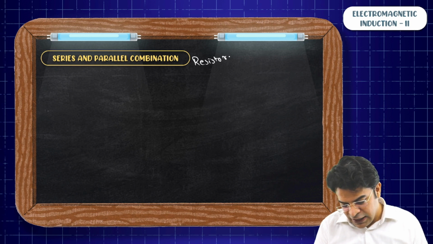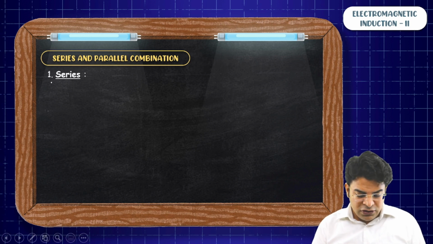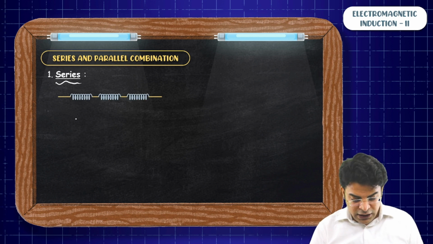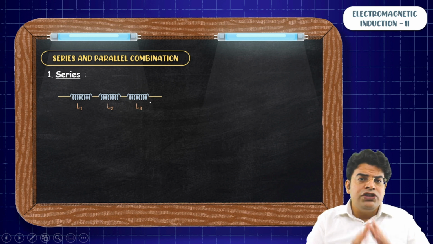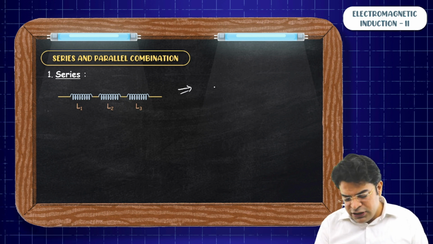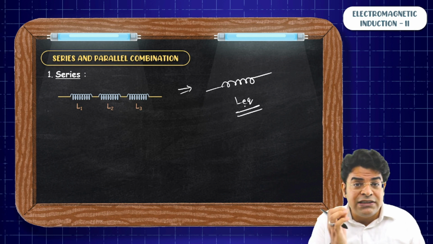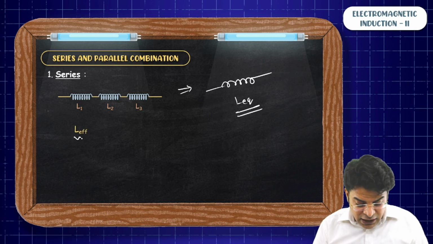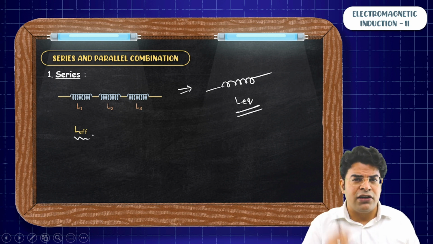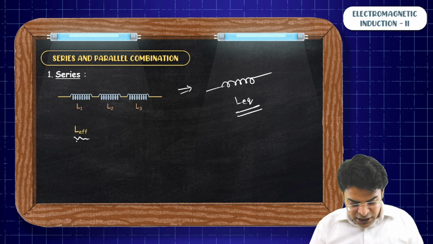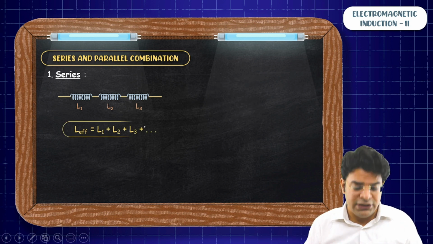If you have a series combination of multiple inductors having inductance L1, L2 and L3, and you wish to replace all three with a single inductor, then the equivalent inductance has to be nothing but the sum of the individual inductances. So L equivalent equals L1 plus L2 plus L3, just like resistors in series.